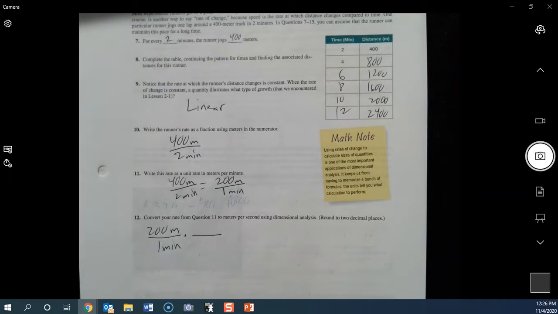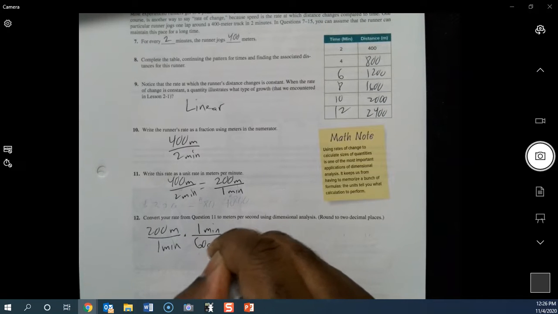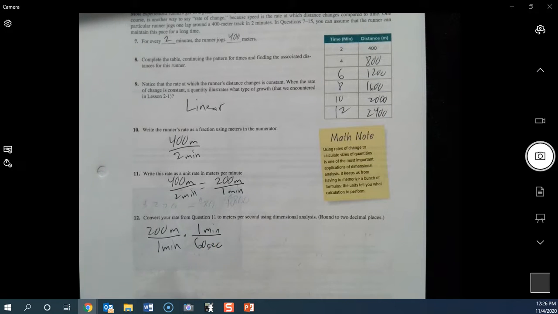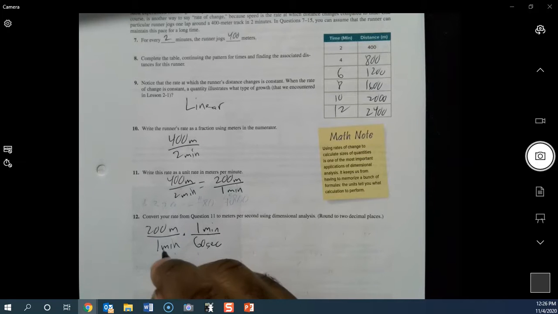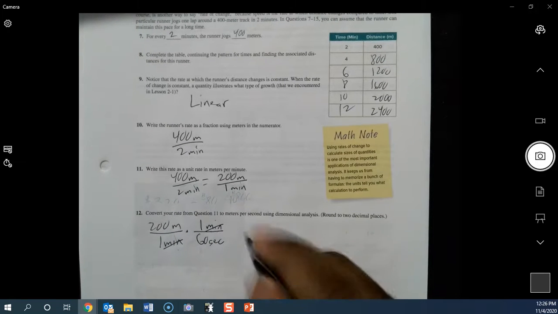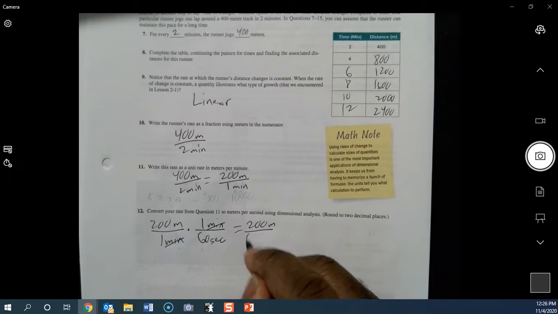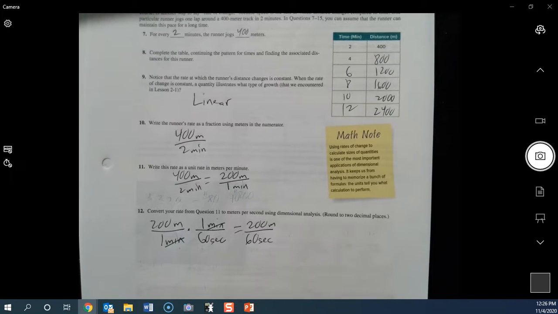So we would have to do a conversion factor. We know for 1 minute there are 60 seconds. And remember, they have to be diagonal from each other. So the units would simplify out, the minute with minute. So this will give us 200 meters all over 60 seconds.